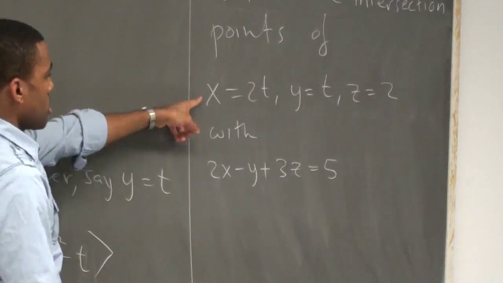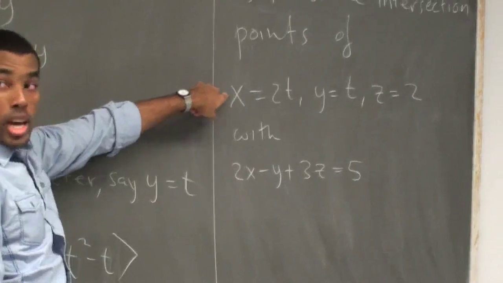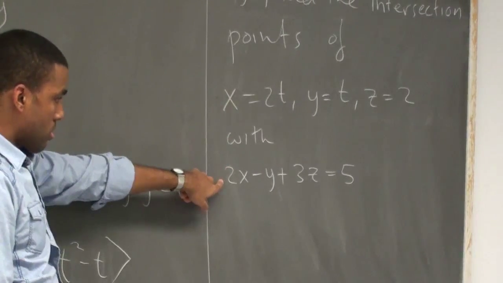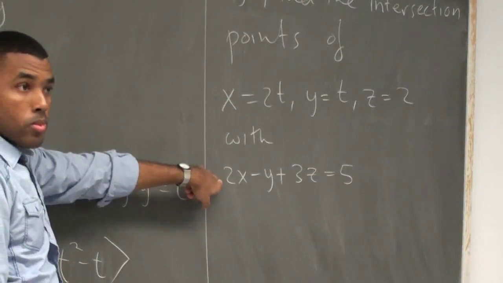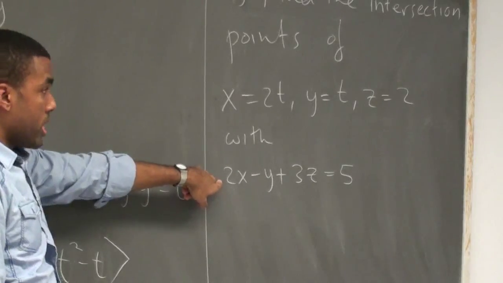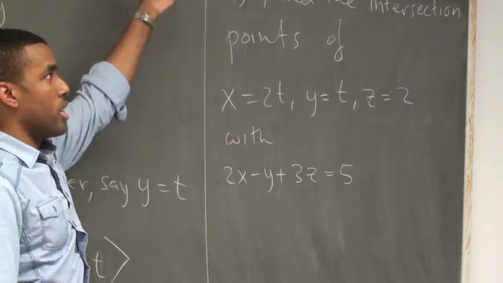What kind of thing is this? It's a line. What is this? It's a plane. So I have a plane and a line shooting through it.